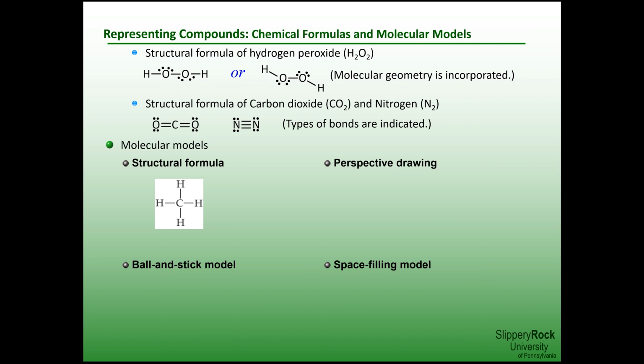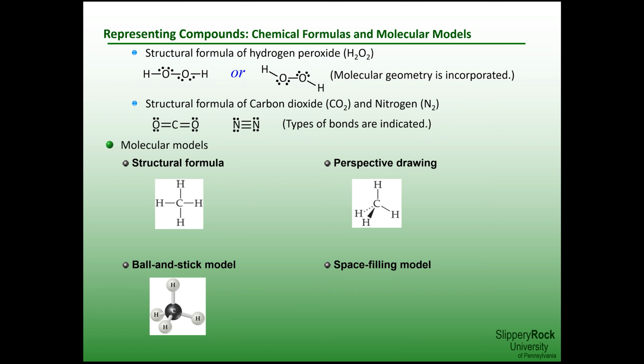A perspective drawing improves on this by using solid and dashed wedges to indicate bonds coming out of or going into the plane of the page, giving a clearer sense of spatial orientation. The ball and stick model represents atoms as balls and bonds as sticks, making bond angles and molecular geometry easy to see, although atomic sizes are not to scale.